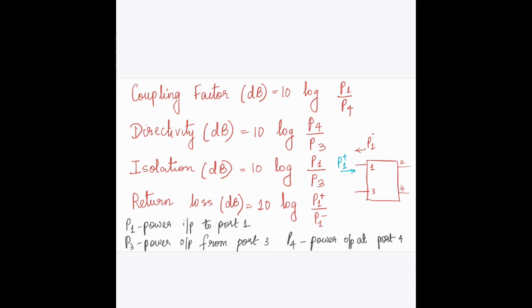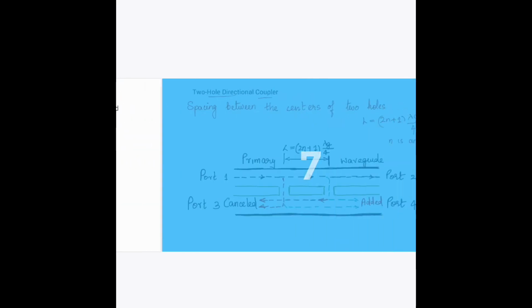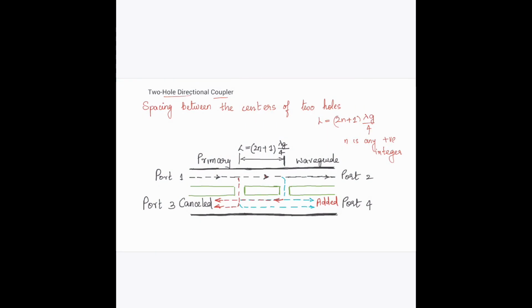There are different types of directional couplers, like the 2-hole directional coupler, 4-hole directional coupler, reverse coupling directional coupler and Bethe hole directional coupler. Here we discuss the 2-hole directional coupler, shown in the figure, which consists of a primary waveguide and a secondary waveguide.